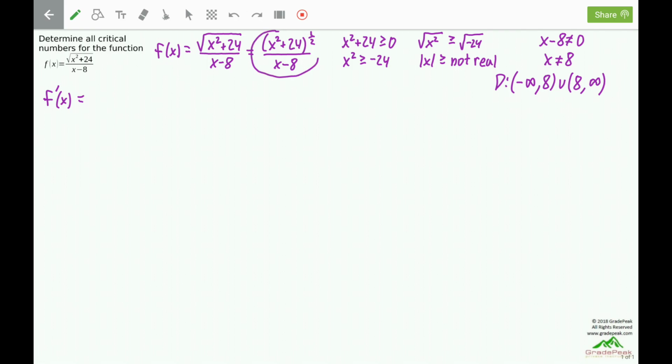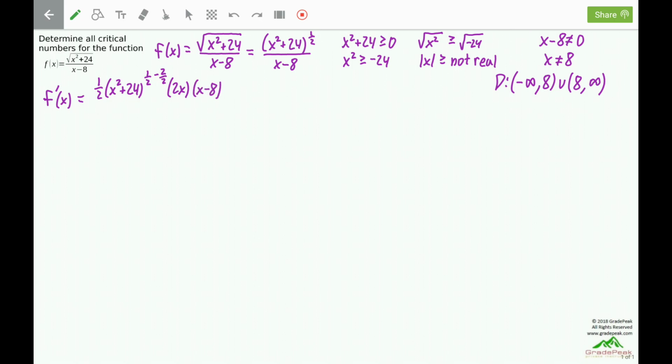We have a quotient here, so we'll make use of the quotient rule. The derivative of the numerator is a power rule. Bring the power down, leave the inside alone. Subtract 1 from the power, I will call it 2/2. Multiply by the derivative of the inside to complete the chain rule.